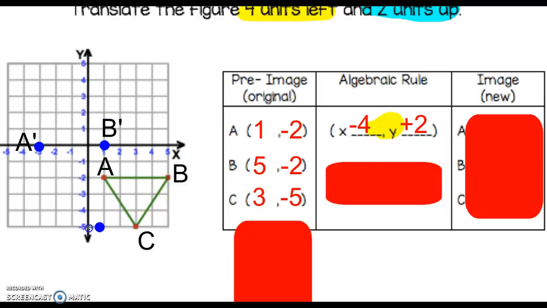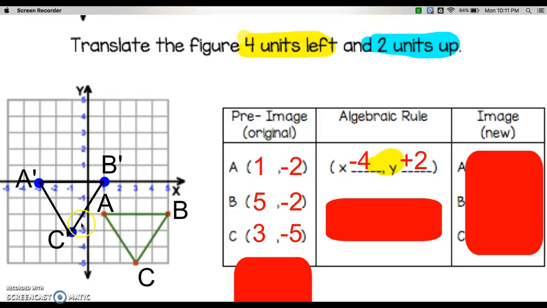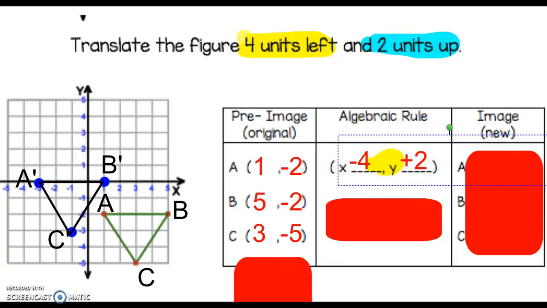And 1, 2, 3, 4, 1, 2. That's going to be my C prime. Notice again the prime marks, so that we can distinguish that this is the pre-image and this is the new image. Now just record the ordered pairs.